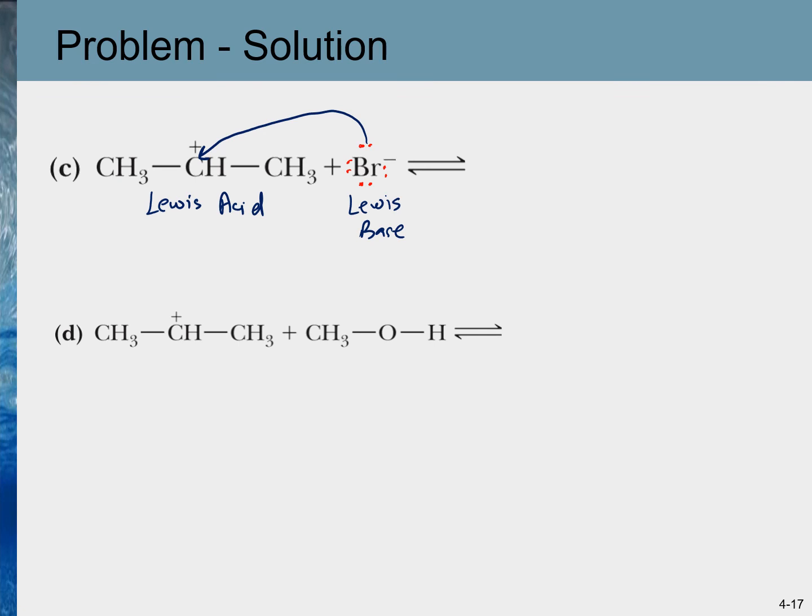The end product will be the one in which a new bond is formed between carbon and bromide, because bromide donated the electrons. Therefore the negative charge of bromide got neutralized, and the positive charge of carbon also got neutralized. So the end product will be a neutral species.